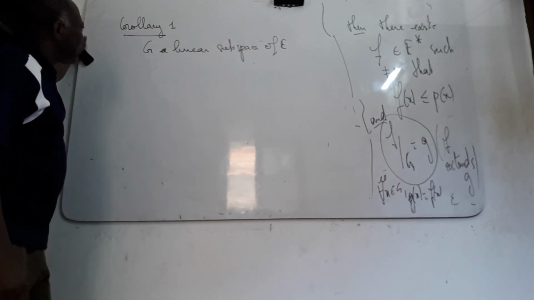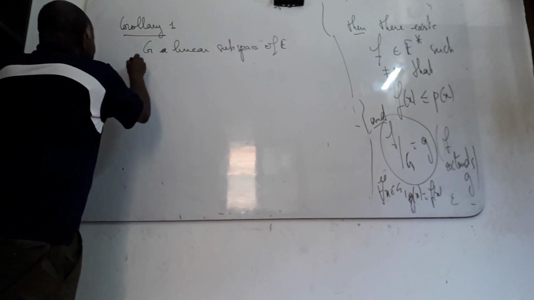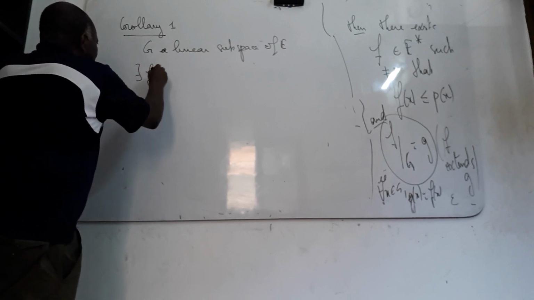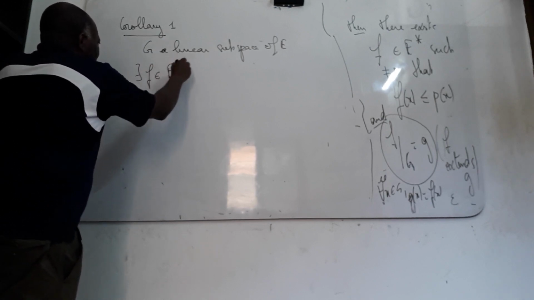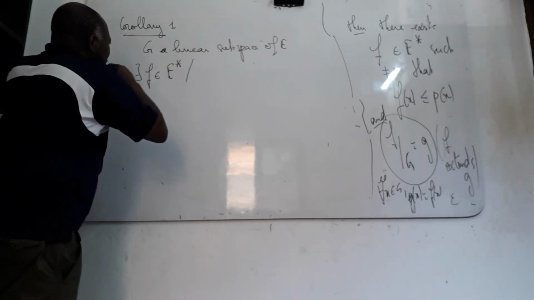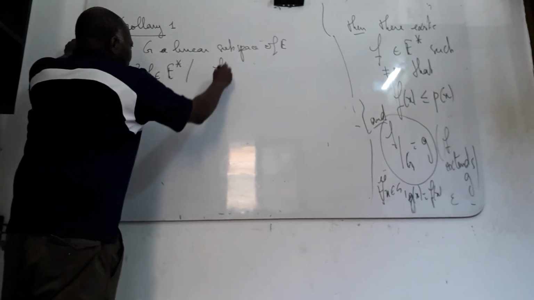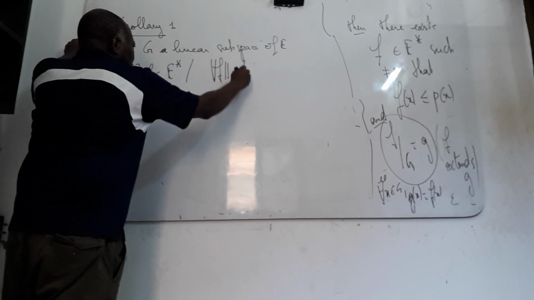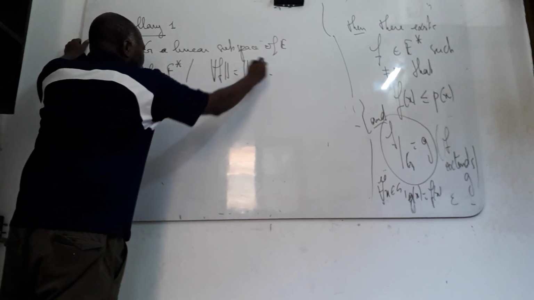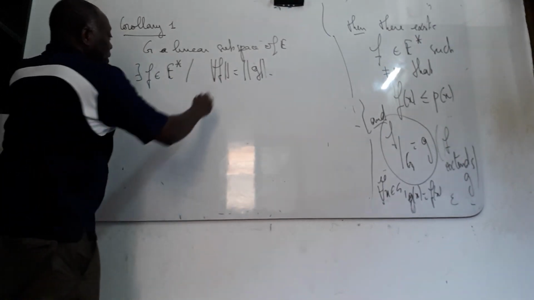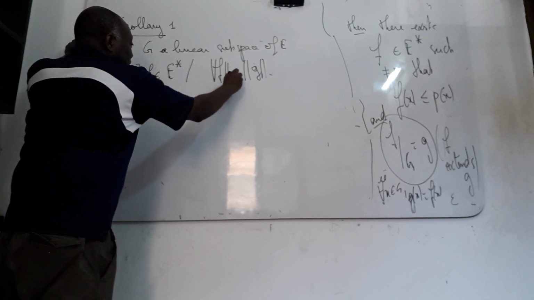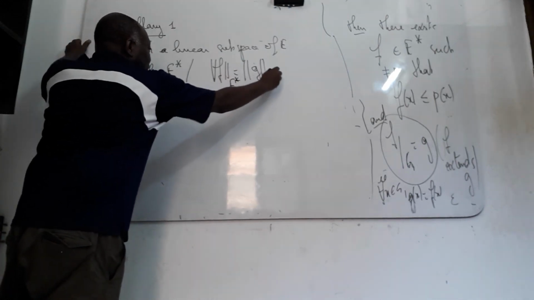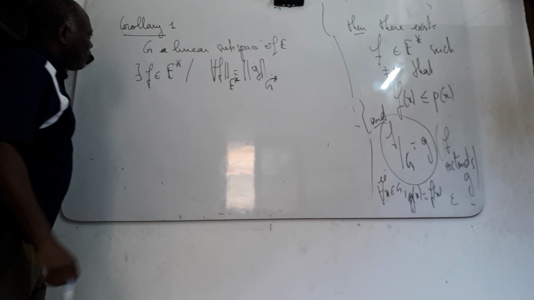You can prove that there exists f, linear, such that the norm of f in E star is equal to the norm of g in G star.